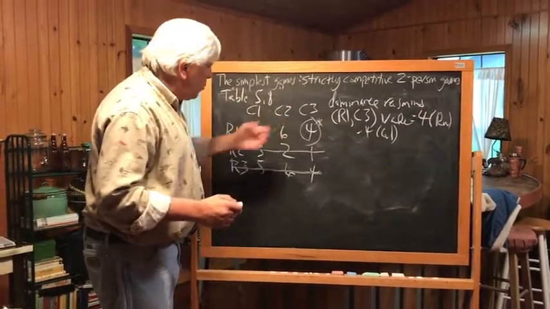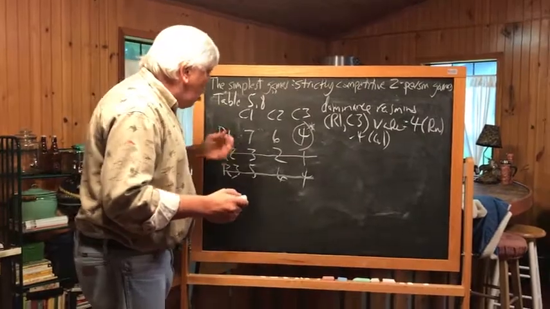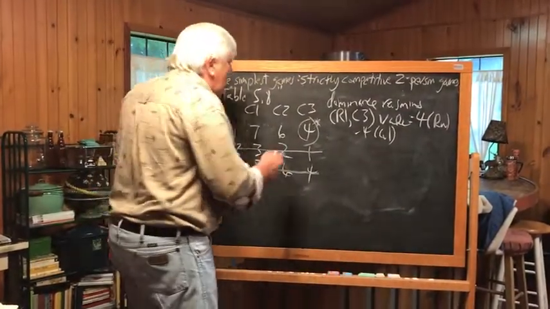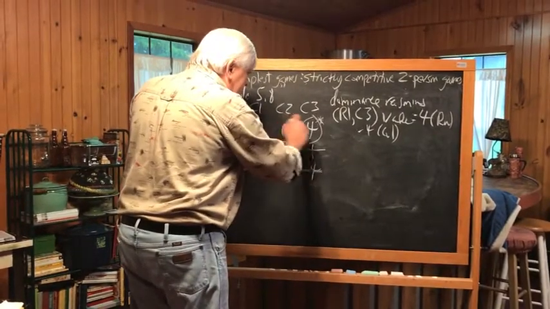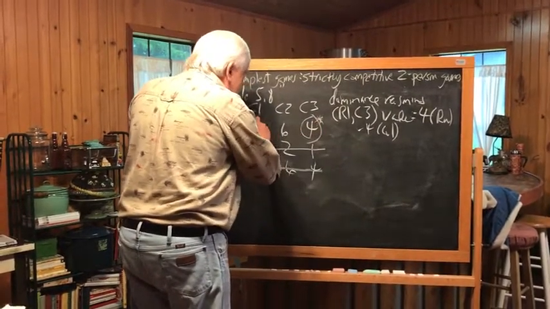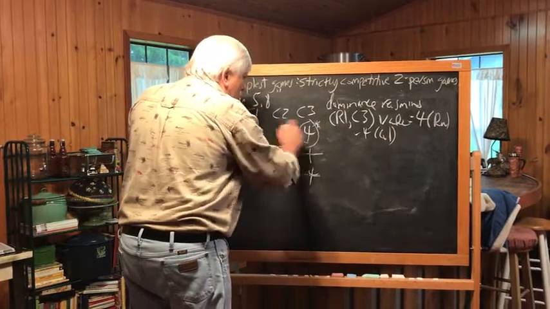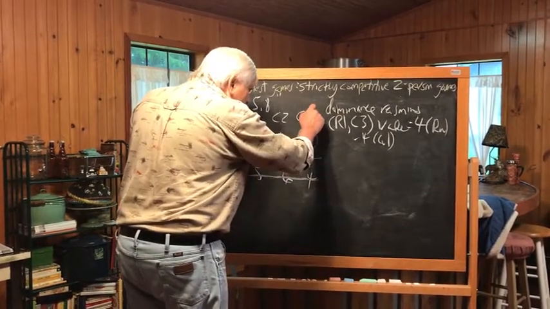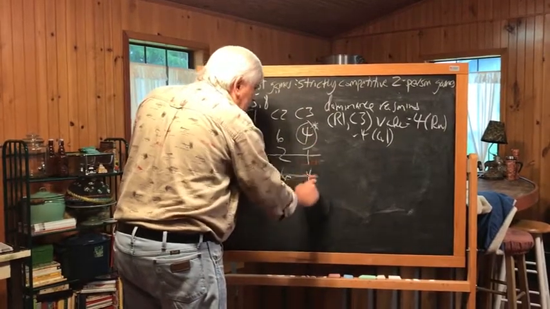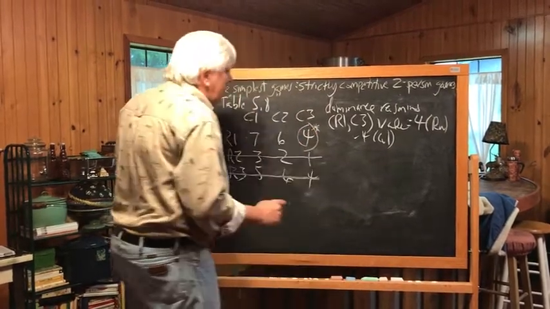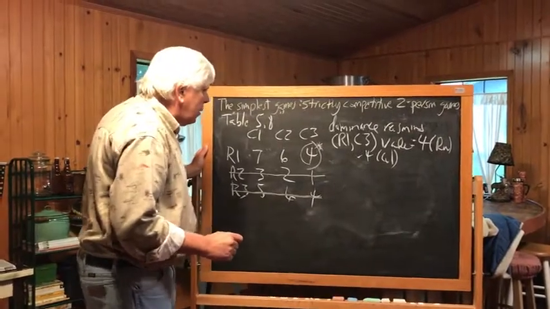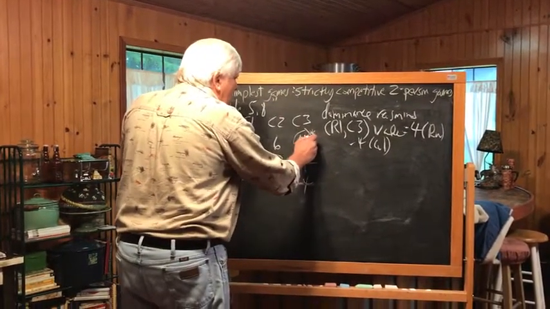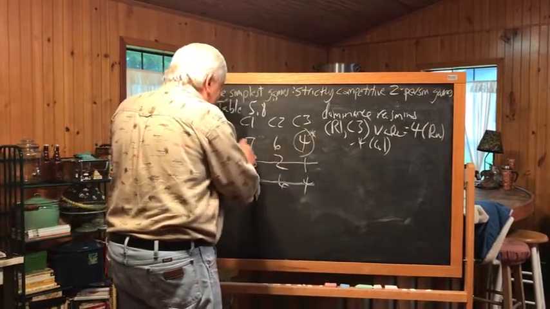It's also the case that this particular point passes the minimax equilibrium test, right? This particular point right here is the minimum payoff for row, and it is also the maximum payoff for column. And so it passes the minimax equilibrium test. And that point is also the security level for both row and column simultaneously.